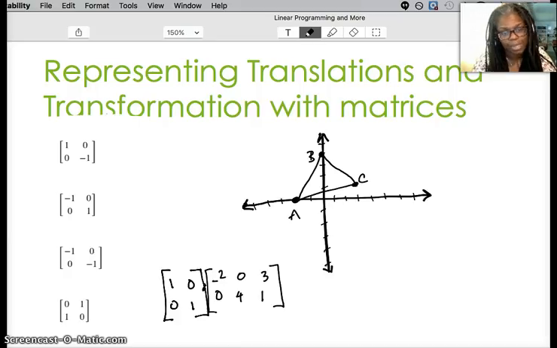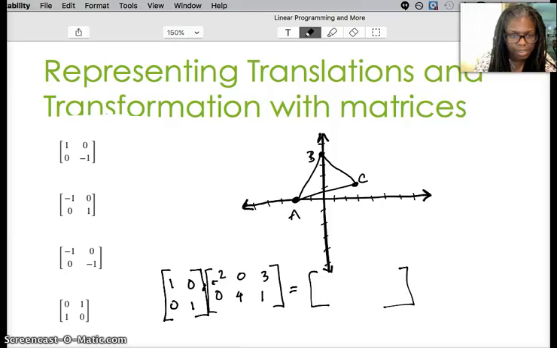Well, I'd multiply 1 and 0 times 2 times this 0 here, and then that would be my first coordinate point. Eventually, if I were to do the whole thing using matrix multiplication, I would end up with, I don't know why this is here, because this is legit a -2. My bad. Hold on. Let me fix it. All right. I end up with, as the identity matrix gives us, the same thing back.